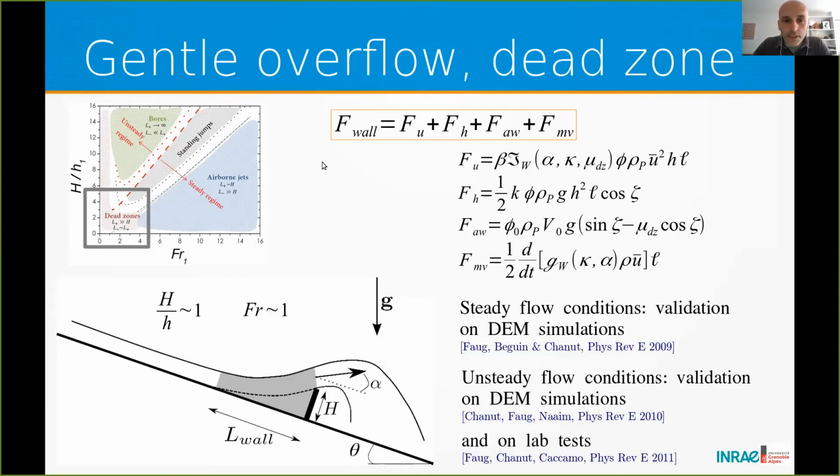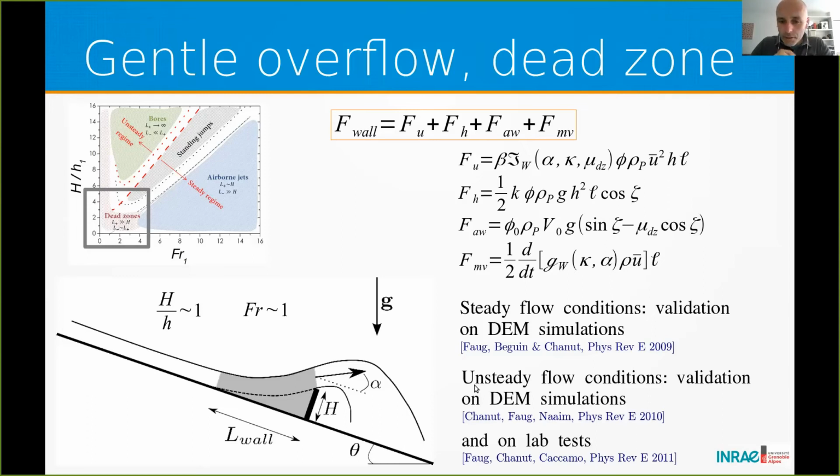And we can show that the force in the end is the sum of 4 contributions: a dynamic force, which is proportional to the square of the incoming velocity, a hydrostatic force, which is proportional to the height of the incoming flow, the apparent weight of the control volume, which involves some friction, and eventually the force due to variation in momentum over time if the incoming flow conditions are transient.